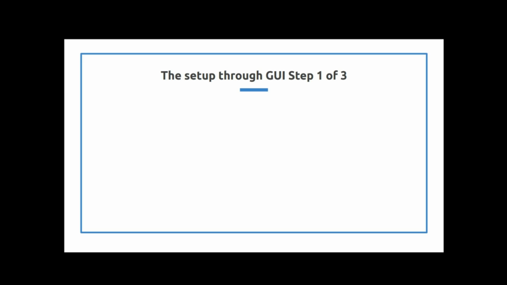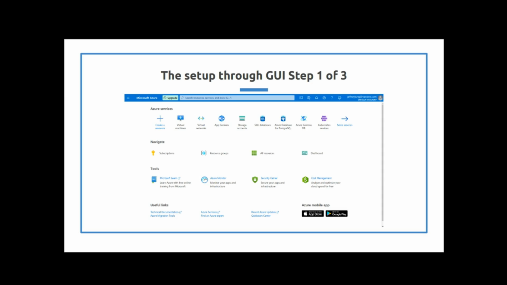So let's get into the demo, right? I think it's time to get our hands dirty, and you can follow along if you want. Just have an Azure portal spun up and you can do this. To start out, go to the home page of Azure and we're going to set up a virtual machine.